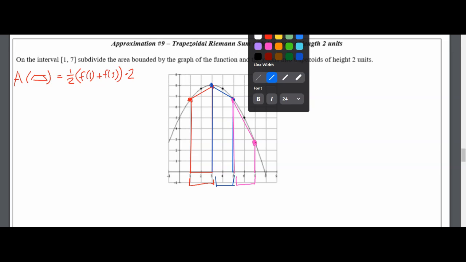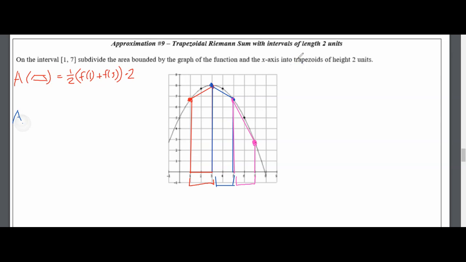I'm actually going to write all of these out here first. Area of my blue trapezoid, 1/2 times the quantity f of 3 plus f of 5 times 2. And for my pink, 1/2 times quantity f of 5 plus f of 7 times 2.